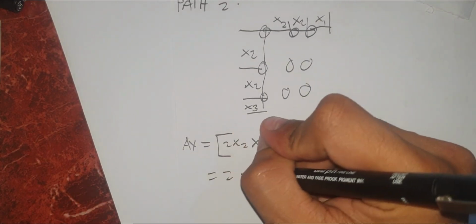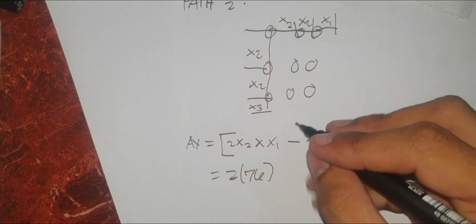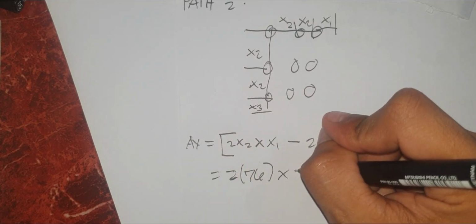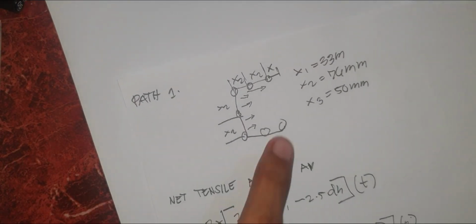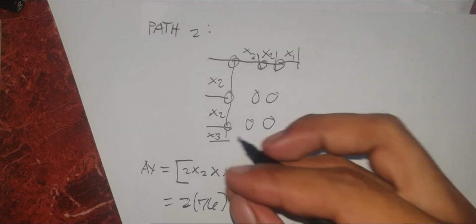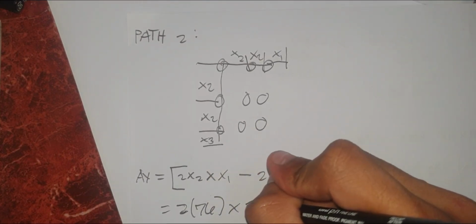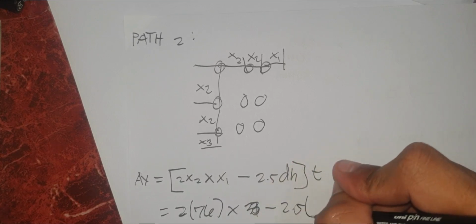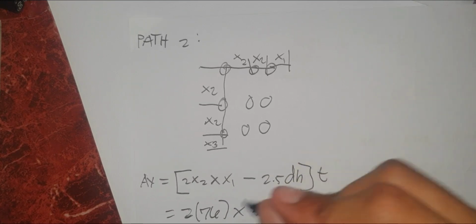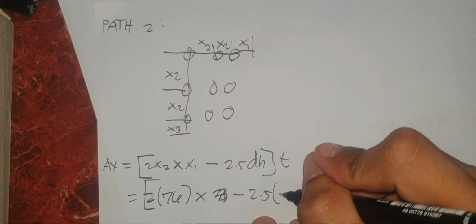So 2x times 76, or x sub 2 equals 76, times e sub 1, which is 33, times 33 minus 2.5, and our dh is 23.